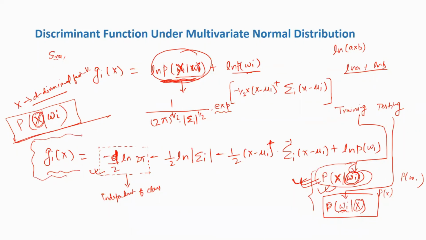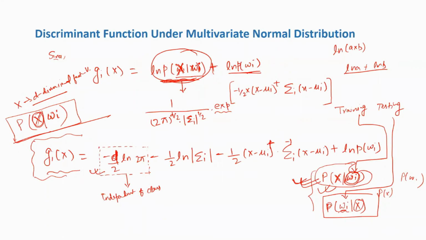Okay. And the way we derived the discriminant function earlier, half an hour back, we were taking all these terms into consideration. And gi of x is nothing but the combination of this probability plus the given probability value of omega i.